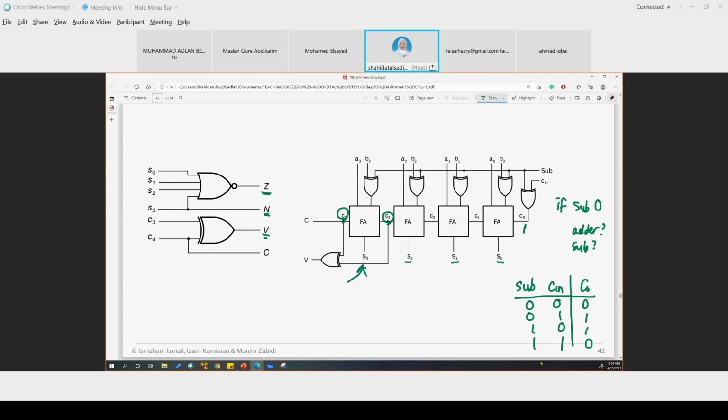But B here is also using XOR. So check B and sub: 0, 0, 1, 0, 1, 0, 0.